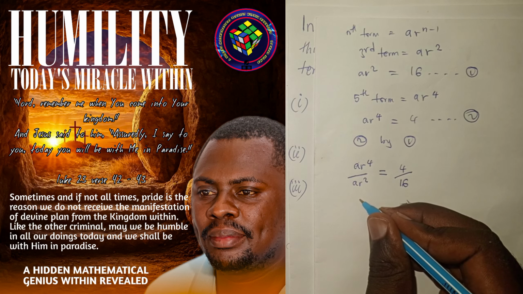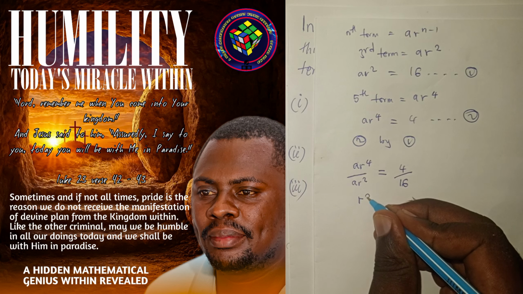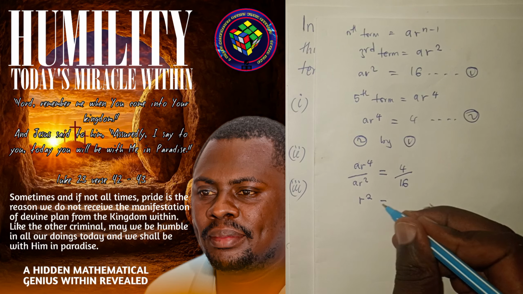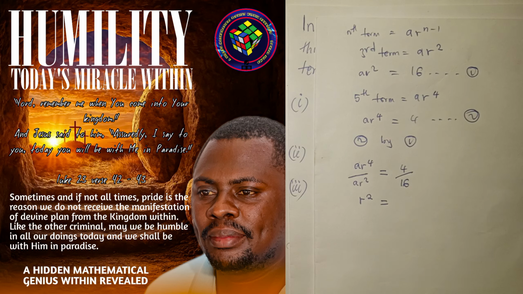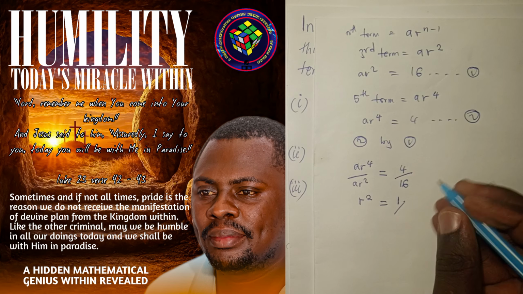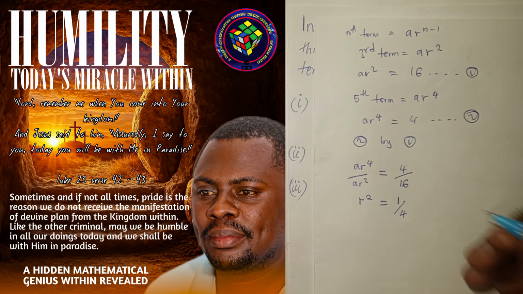So we are going to have r to the power 2, that is r squared, equal to, here we can simplify the fraction, 4 over 16. What is the highest common factor for 4 and 16? Yes, 4. 4 in 4, 1. 4 in 16, you get 4.